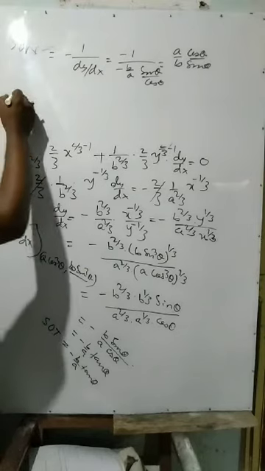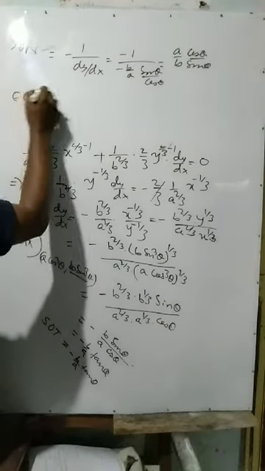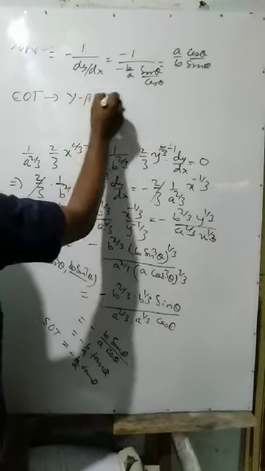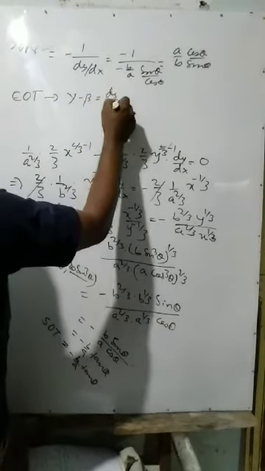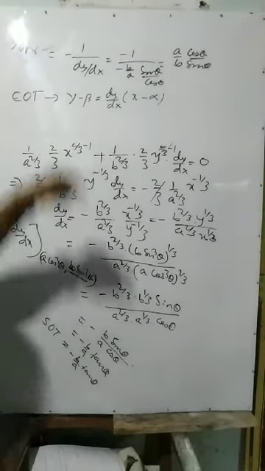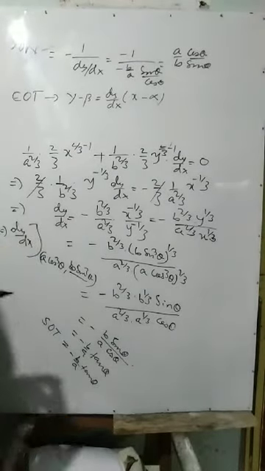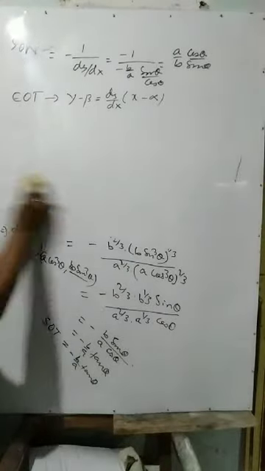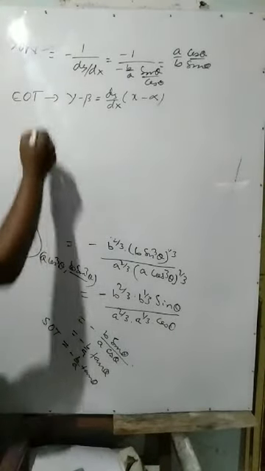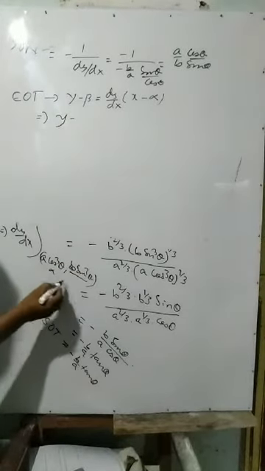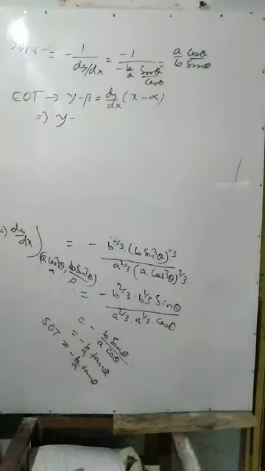Now you find the equation of the tangent. EOT means equation of the tangent: y minus beta equal to dy by dx into x minus alpha. This is the equation of the tangent, and that is the formula. Now look at it: y minus beta equal to, this is alpha and this is beta, already given.